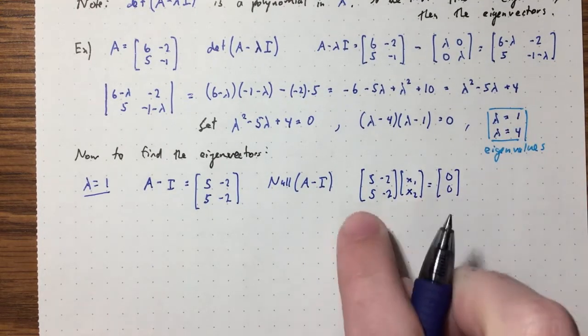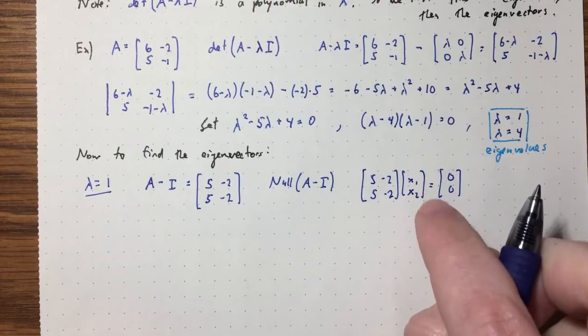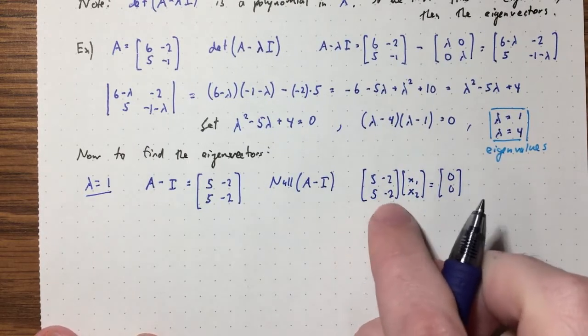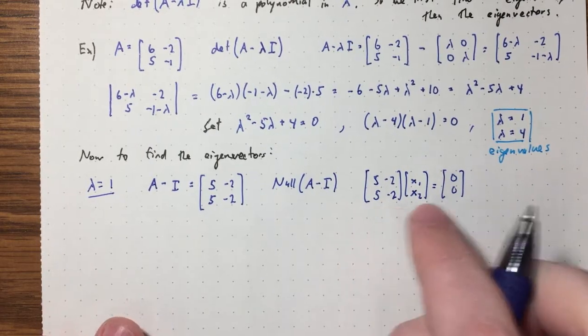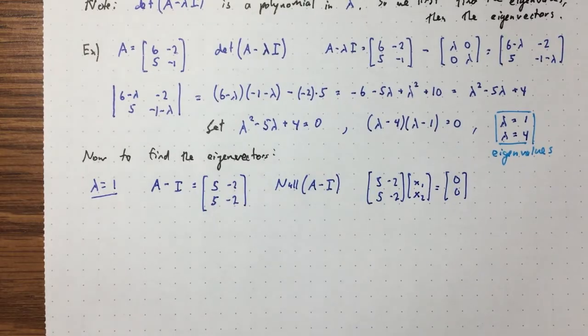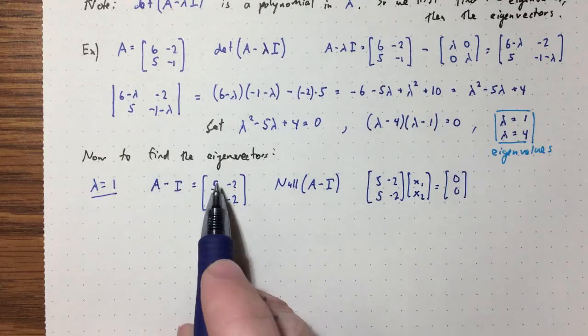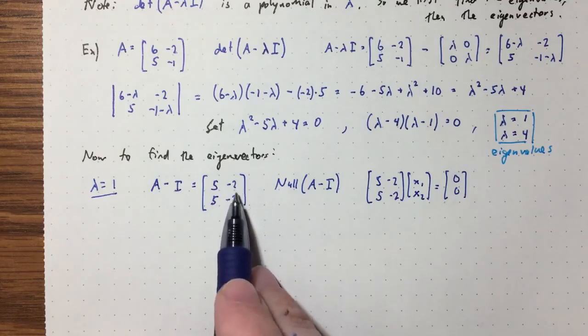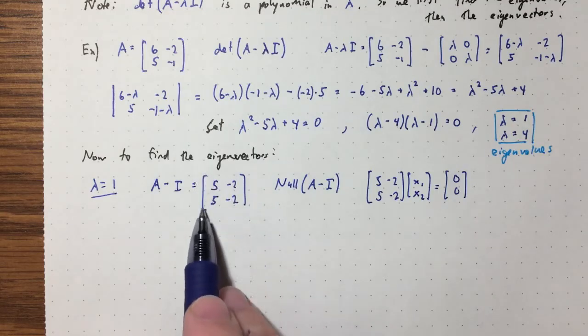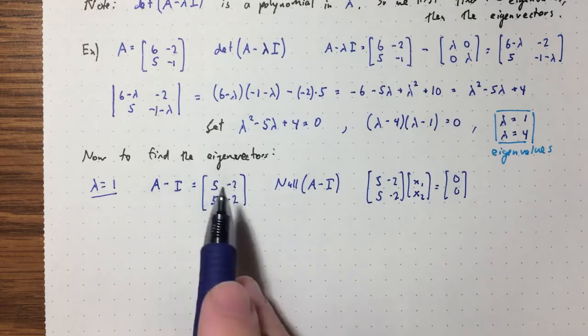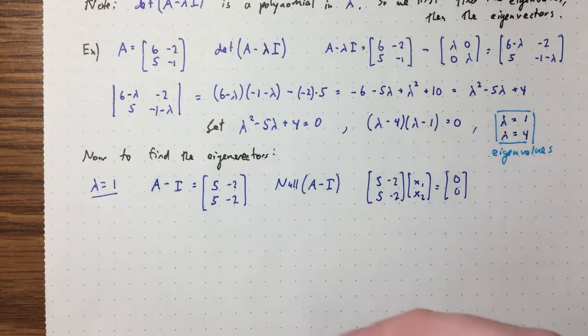In other words, I want to find scalars so that I can find a linear combination of the two columns equaling the 0 vector. But you can kind of see what those scalars are, right? Because if I multiply this first one by 2 and the second one by 5, I have 10, 10, and then minus 10, minus 10. And I can just add them and get 0.